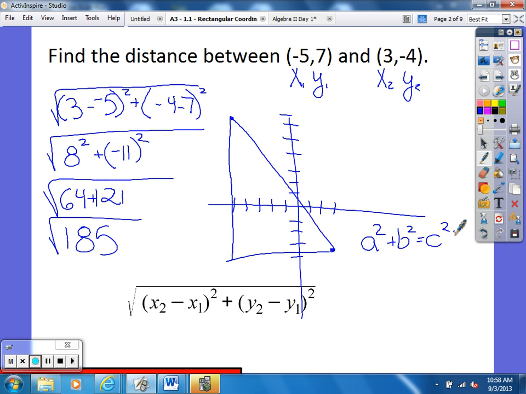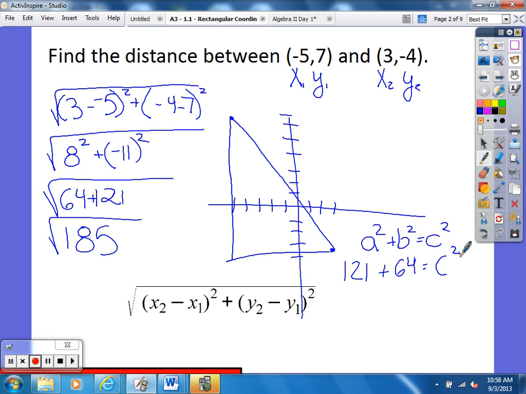Now, some of you, this may be much easier, because if I graph it, I can actually look. This right here is 7, and this is 4, and 7 plus 4 is 11 squared is 121. Okay, from here over to here, that was 5, and this is 3. 5 plus 3 is 8 squared is 64.